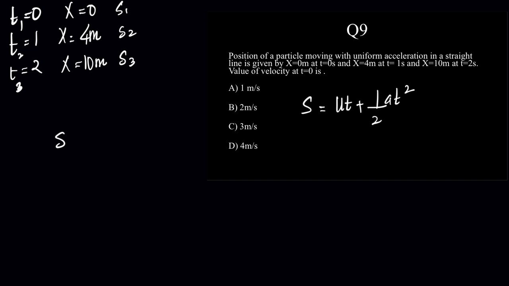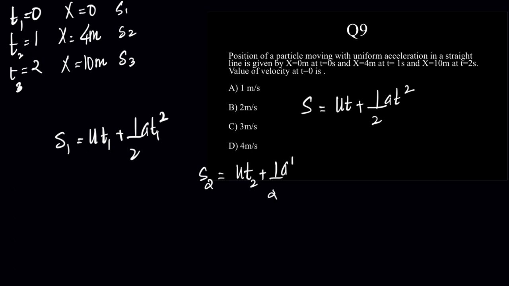Which means s1 would be equal to u t1 plus half a t1 square. s2 would be equal to u t2 plus half a t2 square. s3 would be equal to u t3 plus half a t3 square.